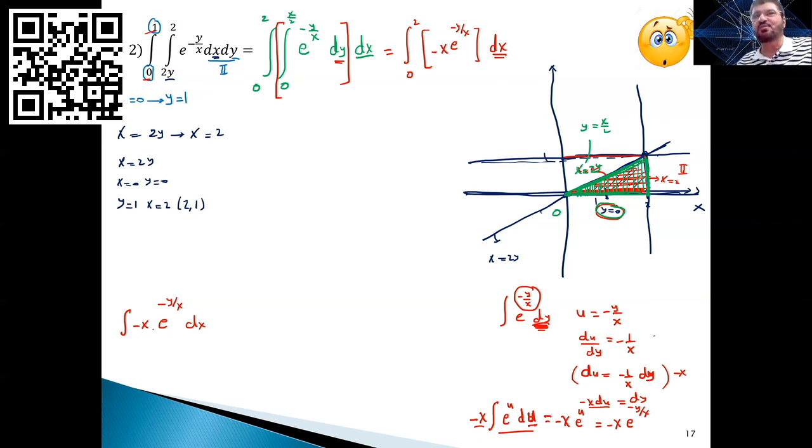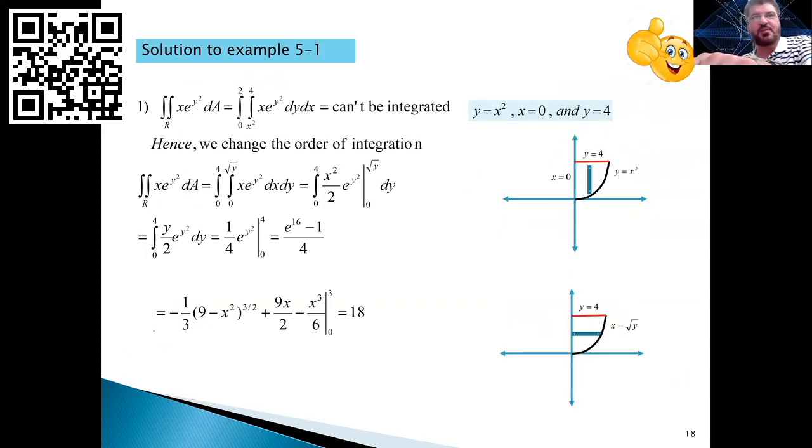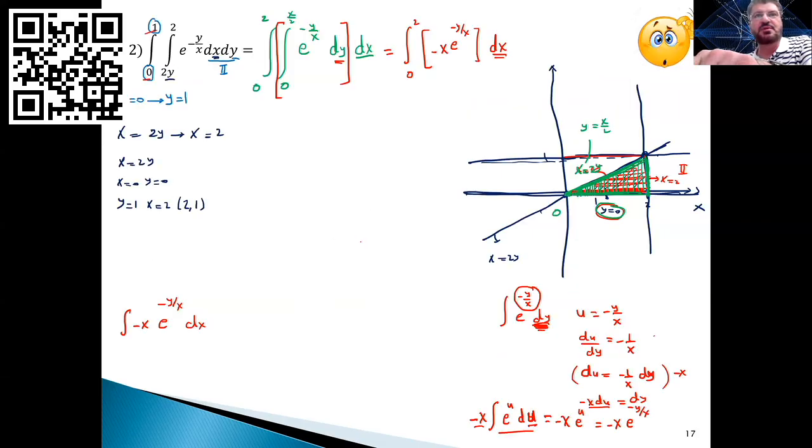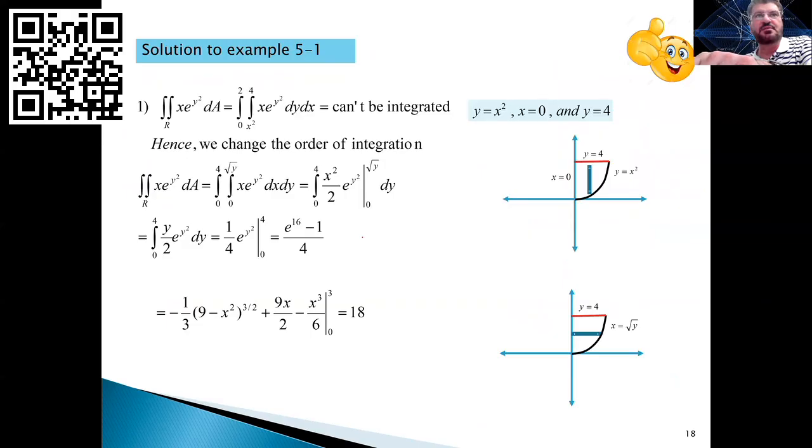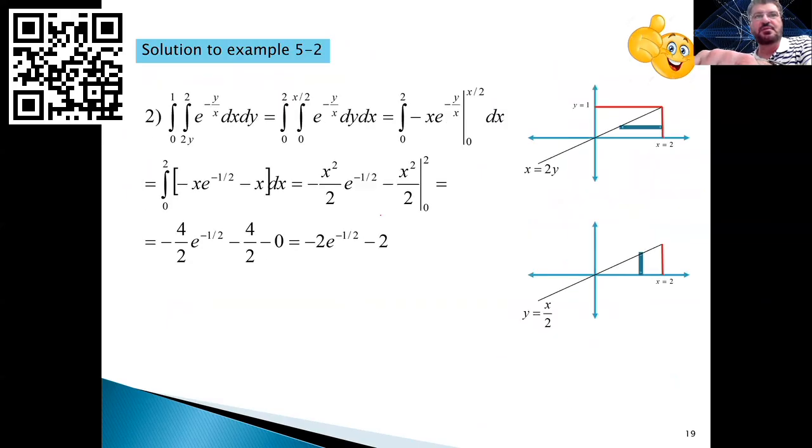So we should do this one by integration by parts, right? We can do this by integration by parts. I hope I have the question. I have this one. So what did I do? It should be integrated by parts, minus x. All right. Now we're going to integrate this with respect to x.